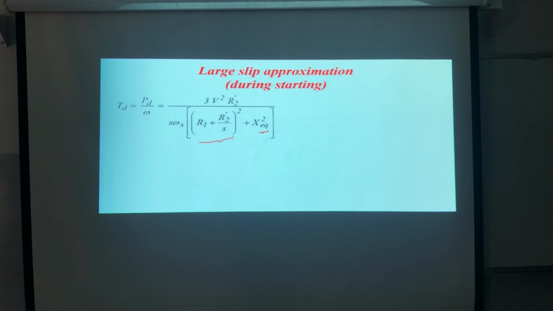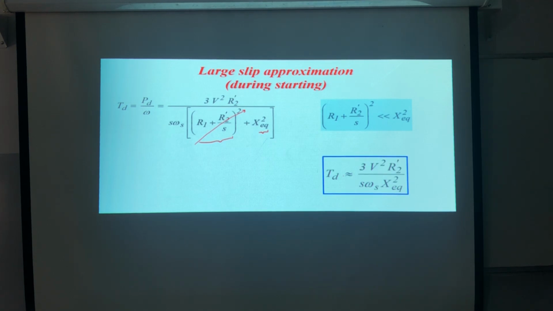If that's correct, then I can neglect this one, and this one is also almost negligible. So I will end up with a torque which can be represented by this relation. Here, the torque is inversely proportional to the slip. So if I plot it, it will be inversely proportional.